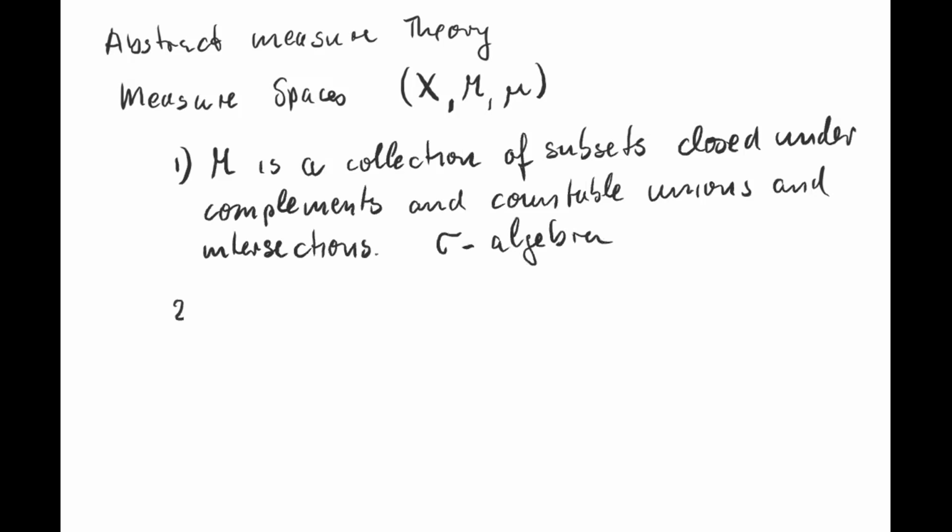And second, mu is a map from M to the extended positive reals. So it assigns to each subset which is in the sigma algebra a number. And then the triple X, M, and mu is called a measure space. I want to give a couple of examples.